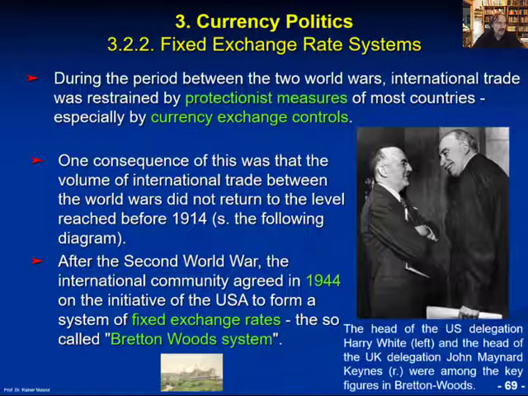After the Second World War, the international community agreed, therefore, in an initiative of the United States in the year 1944 to form a system of fixed exchange rates, the so-called Bretton Woods system. One of the leading economists of the Bretton Woods Conference, who contributed with his ideas to the foundation of the Bretton Woods system, was John Maynard Keynes.